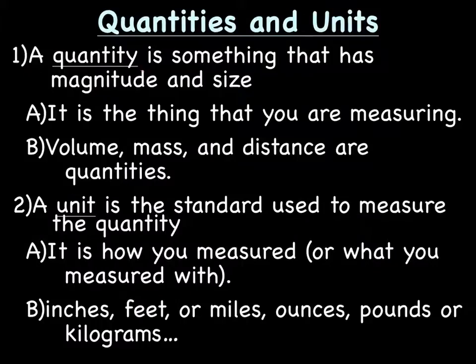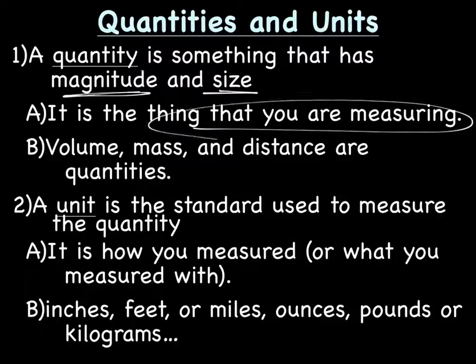Quantities and units. A quantity is something that has magnitude and size. A quantity is the thing that you're measuring. And that could be the volume, the mass, the distance. Those are all quantities. A unit, on the other hand, is the standard used to measure the quantity.